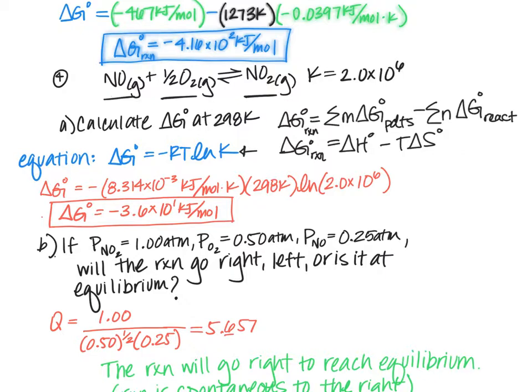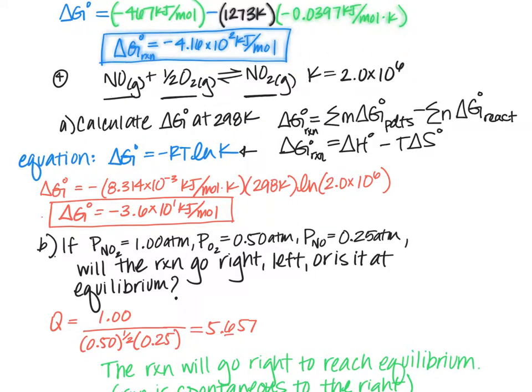But again, if delta S values and delta H values are not given in a thermodynamic data chart for this reaction that contains these compounds, then you're not able to solve for delta G of the reaction using this method. Again, the biggest indicator that this is the equation you'd want to use is that K is given to you.